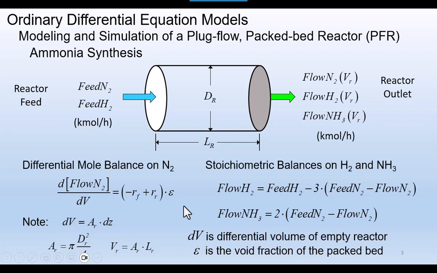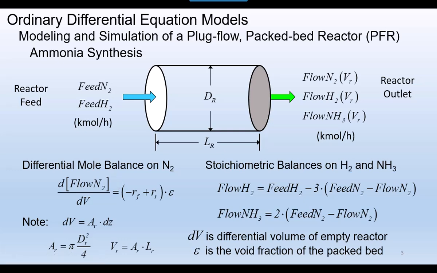It turns out that that's the only one we need to track, because if we have feed conditions, we can determine the flow of the hydrogen and of the ammonia by the amount of nitrogen that has been consumed and in this case, the feed hydrogen, using the stoichiometric coefficients of the reaction. So we can determine these two flows algebraically once we know this flow by solving the differential equation.